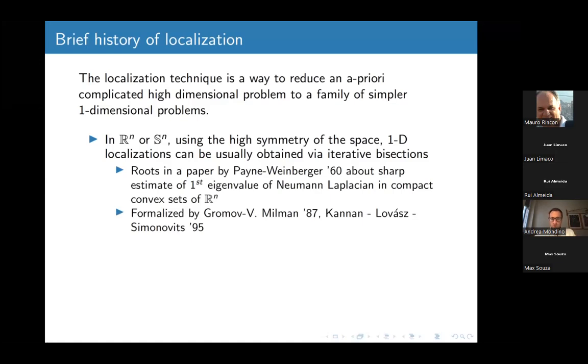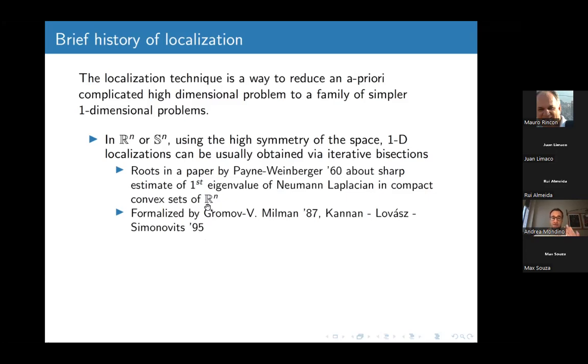And the roots of this technique go back to a paper of Payne and Weinberger in the 60s, where they prove sharp estimates on the first eigenvalue of the Neumann Laplacian on compact convex subsets of Rn.